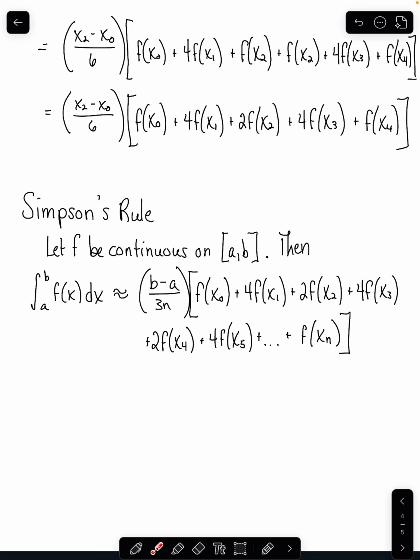So what we get is that the coefficients always go in the pattern 1, then 4, then 2, then 4, then 2, then 4, etc. until the end where it drops back to a 1. The coefficients will always follow this pattern.